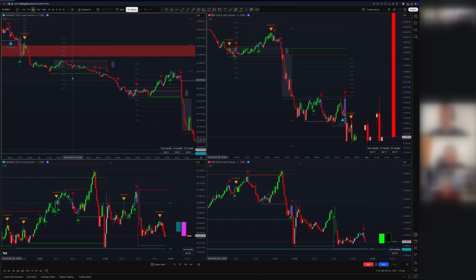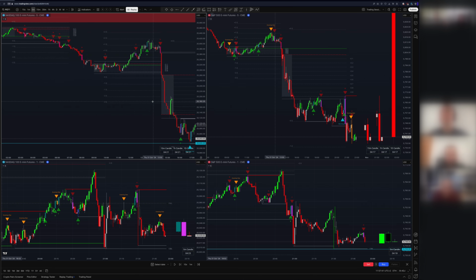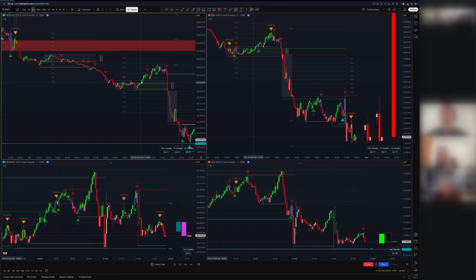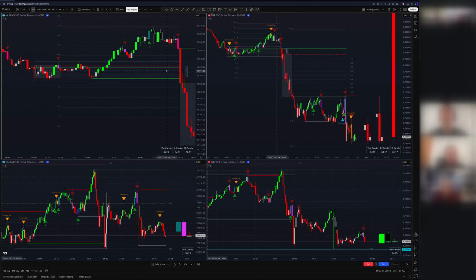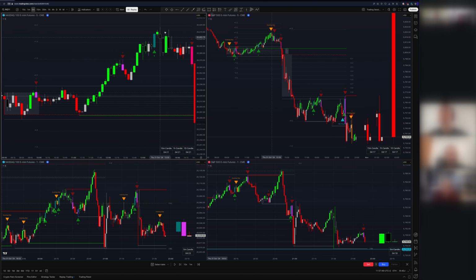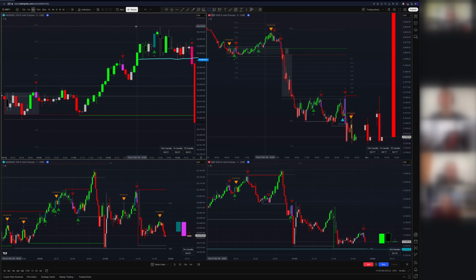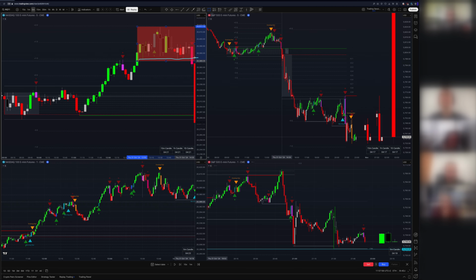Then we had the Asian session with a clear downtrend. Europe was just a pullback. And then we broke out of this range here. This was the beginning of the U.S. open.